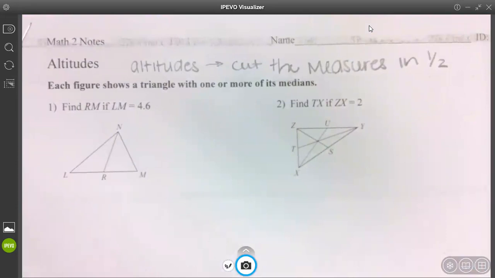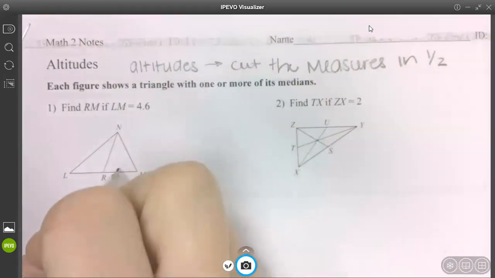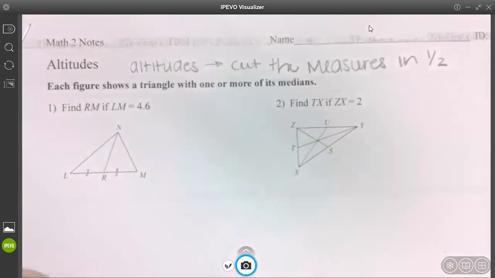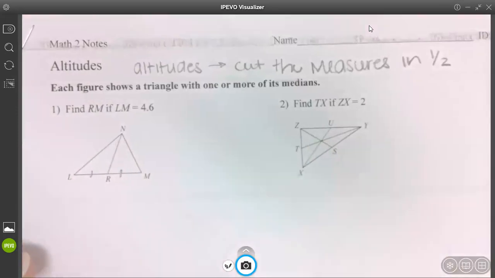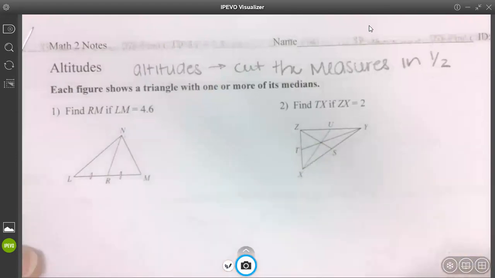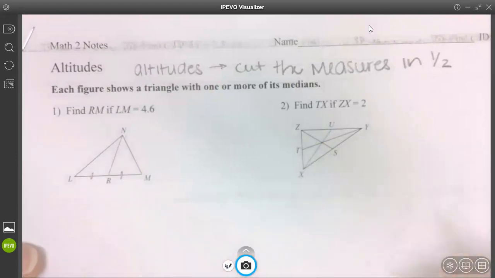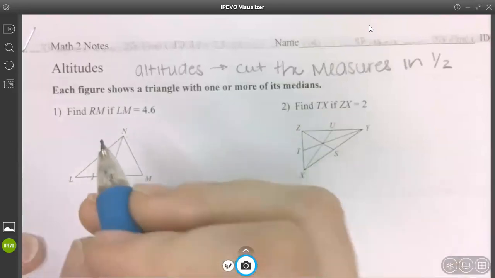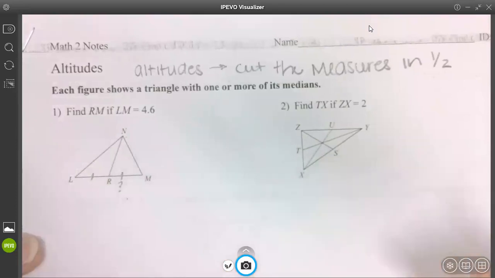If you look at the very first one, it says that RM is what we're trying to find. What you need to know is that RM and LR are going to be the same because NR cuts them in half. So that's exactly what the altitude does, it cuts that bottom in half. So RM is what we're looking for, so I'm going to just put a question mark there.